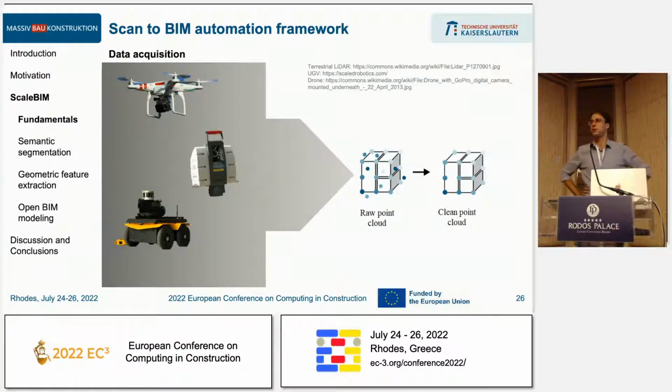Obviously there are the terrestrial LiDAR scanners, the very basic ones, and then there are a lot of attempts to automate data acquisition, for example by robots, by unmanned ground vehicles, or even by UAVs as well. And there is a lot of technology that tries to fuse several sensors, making combined, for instance, mobile mapping systems.